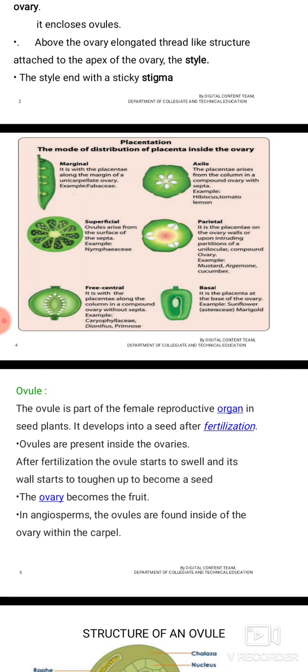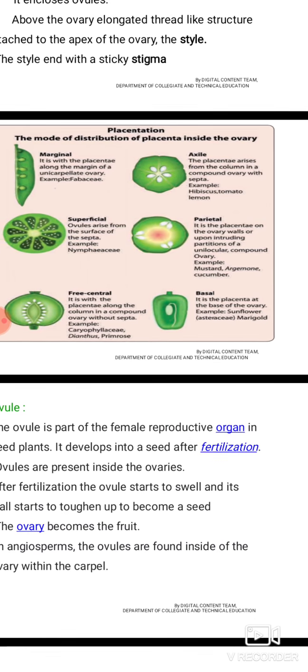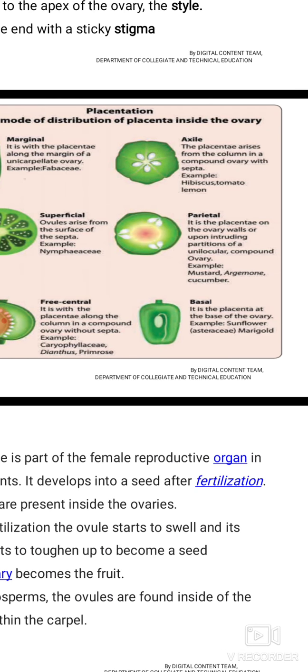In case of axial placentation, the placenta arises from the column in a compound ovary within the septa, example hibiscus. Parietal, the type of placenta in which the ovules are arranged towards the periphery.